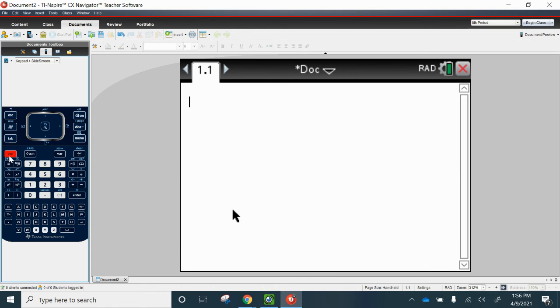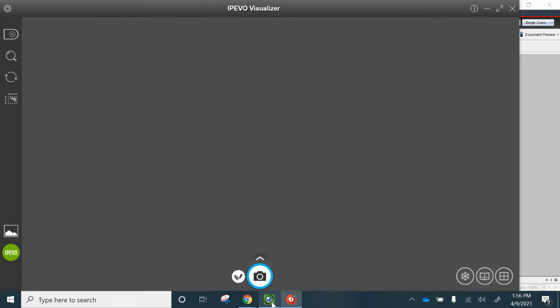I'm going to do control log base 10 of 16. It wants the nearest thousandth, so 1.204.